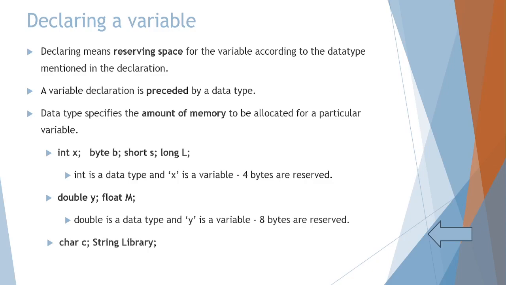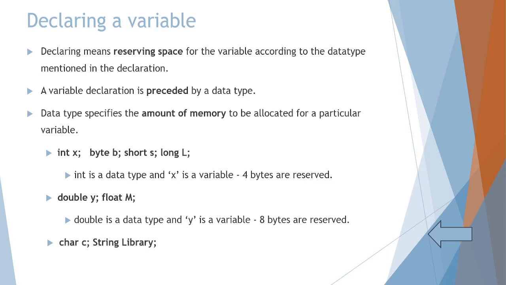Now, the data type specifies the amount of memory to be allocated for a particular variable. Now, declaring is int x semicolon, byte b semicolon. Any name we can give. Short s semicolon, long l semicolon. This is known as declaration.